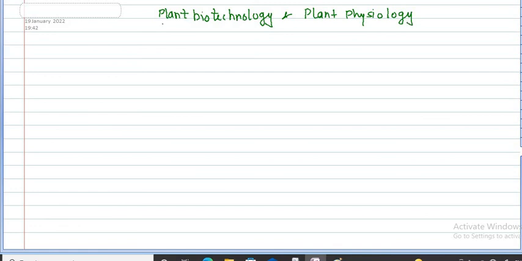In biotechnology, your syllabus focuses only on the technique of micropropagation in plant tissue culture.